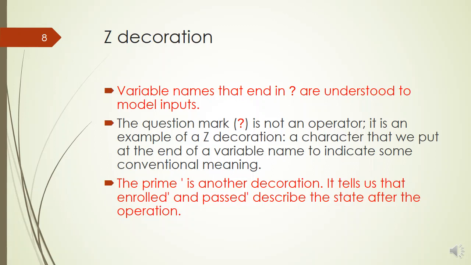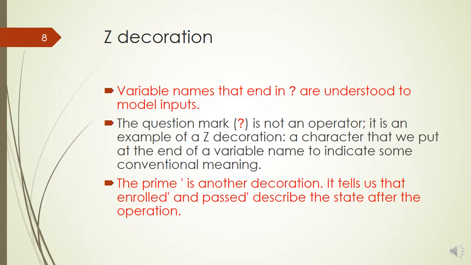Variables that end with the question mark or sign of interrogation are understood to model inputs. The question mark is not an operator, it is an example of a Z decoration. Question mark is a Z decoration used to define the input variables.